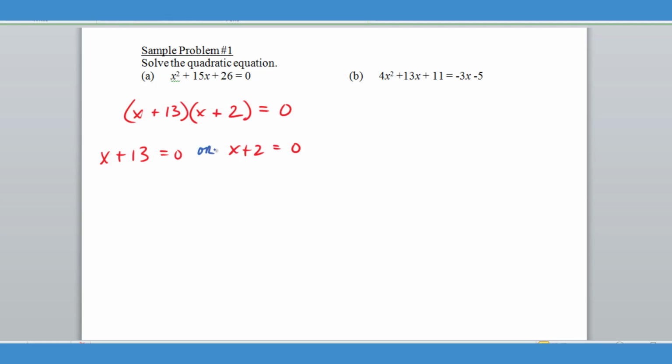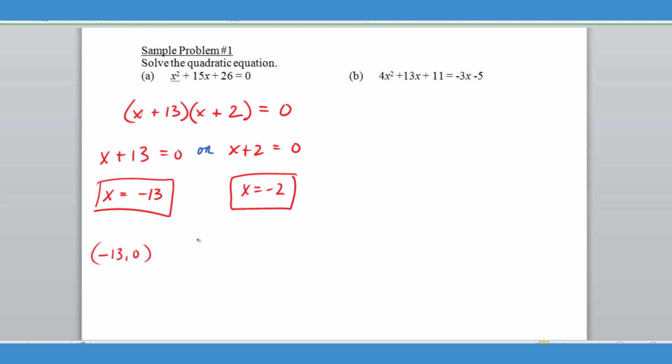It would be appropriate to say the word or, because it's going to be either answer. Our two solutions are x equals negative 13 and x equals negative 2. If we were graphing this, these would be the zeros of the function, representing the points where the graph would cross the x-axis, or the x-intercepts. But right now all we're looking for is the x value.